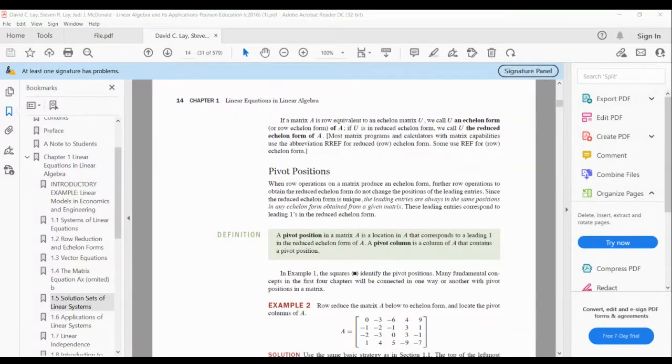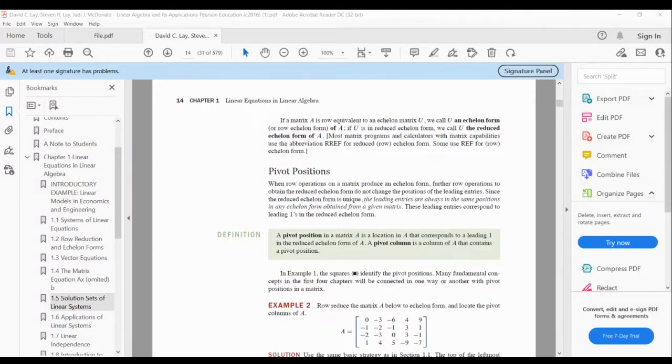You can have replacement of one row by the sum of itself and a multiple of another row. You can interchange rows, or you could scale rows. Scaling means multiplying all entries in a row by a non-zero constant.